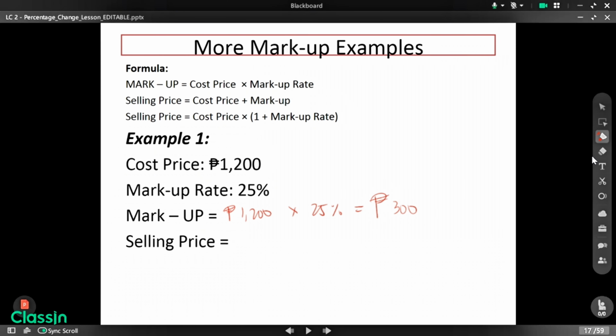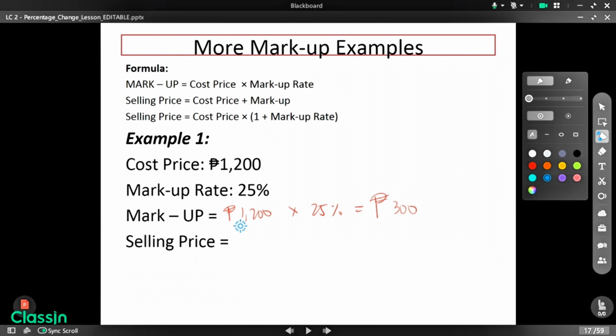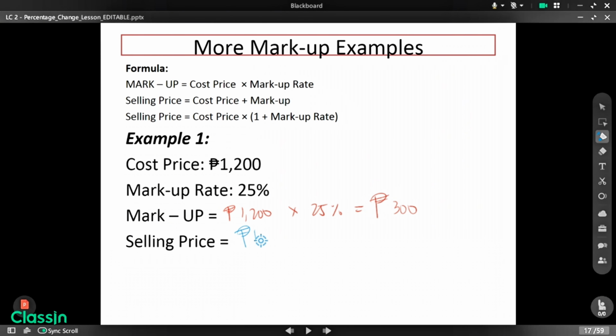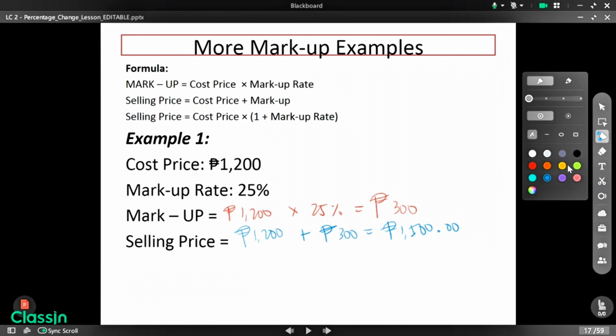Now what about the selling price? You just need to add the cost price plus the computed markup. So the answer is 1,500 pesos. Now let's use the other formula.